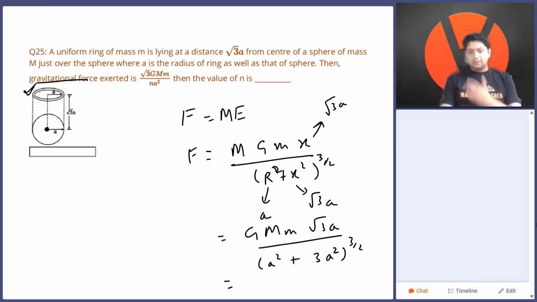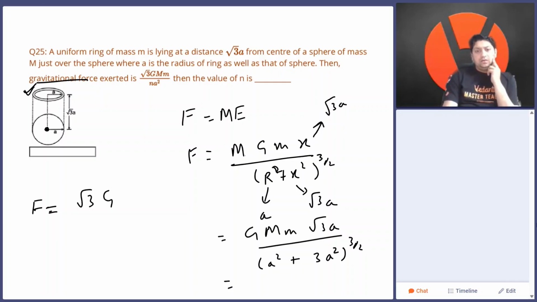This will lead us to an expression. See over here in the denominator 4 will be there, and the power 3 by 2 will lead us to 2 power 3. So √3 G M m over 8a square.